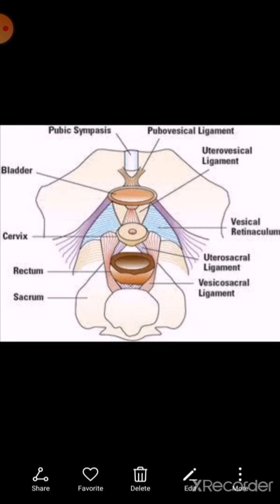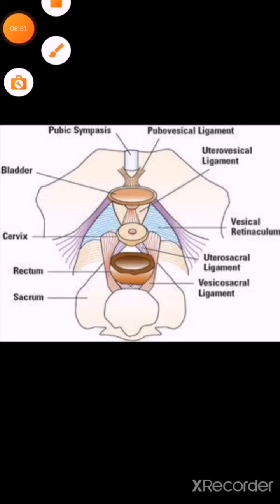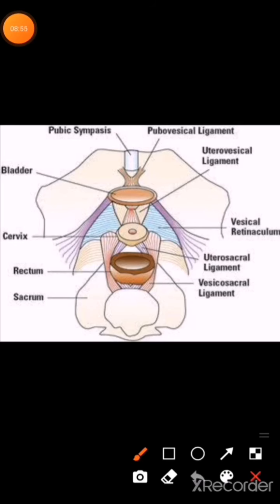Over here you can see this is the lower border of the pubic symphysis, and 3 to 4 centimeters behind it is located the neck of the bladder, a little above the plane of the pelvic outlet. Now it is obviously pierced by the internal urethral orifice.